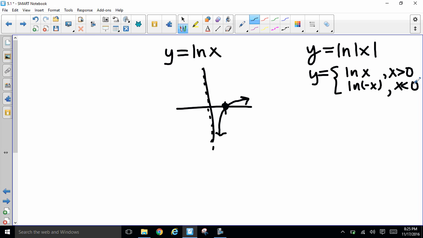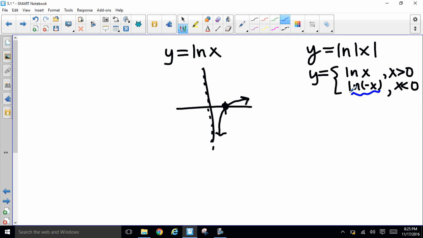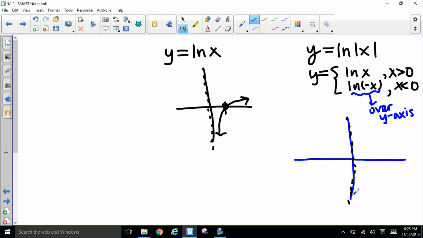And I'm leaving 0 out because I can't ever take natural log of 0. And this would be remembering that if you switch out all your x's for negative x's, that's a reflection over the y-axis. So that's one way to think about it. You have your original part that you're already used to, natural log of x, going through like this.